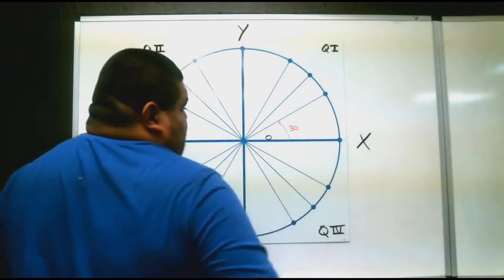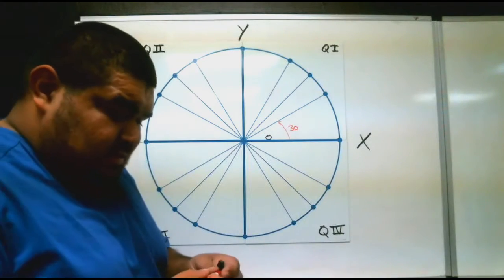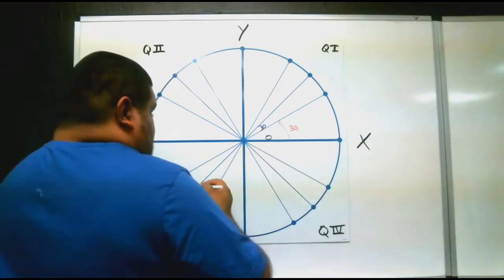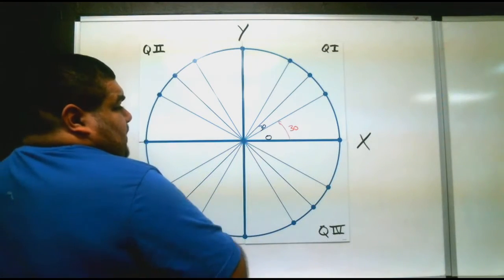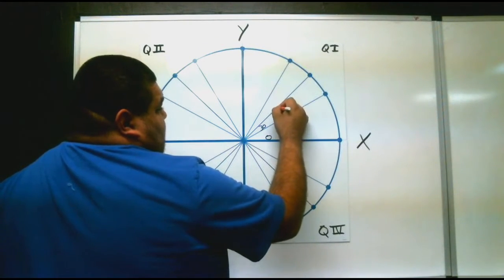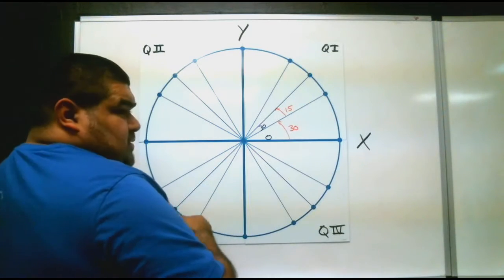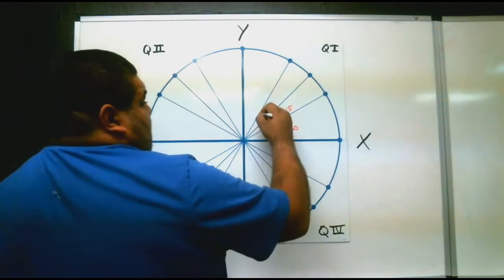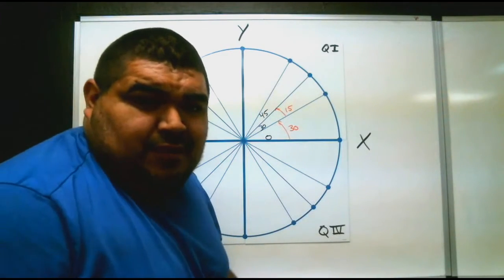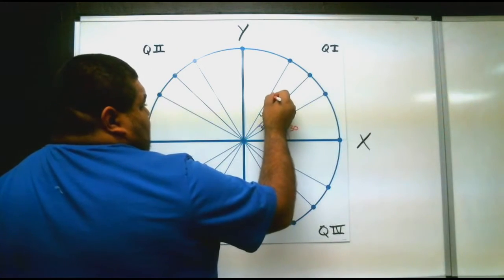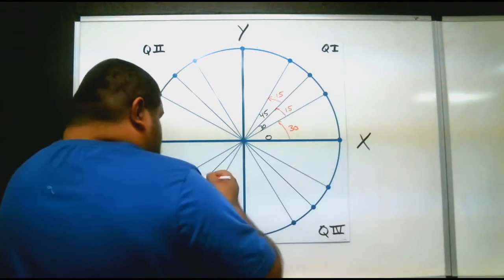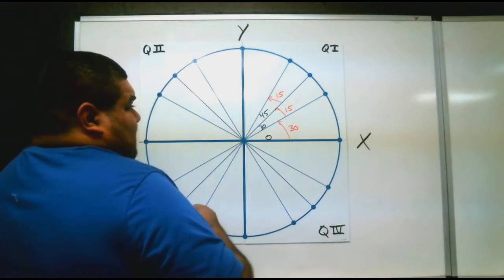So 0 plus 30 is 30. Then the next rule is you cut it in half: 30 plus 15 equals 45. And then another 15 from 45 means that 45 plus 15 is 60.